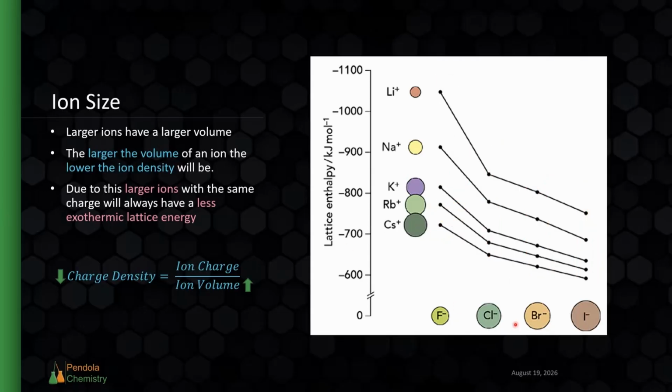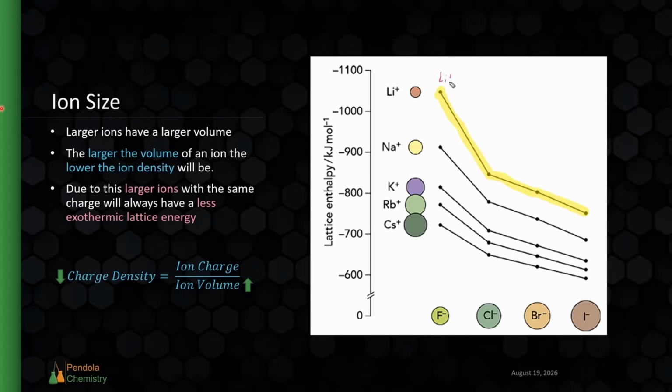The same is true for the anions. It's not only true of cations, but also of anions. If we look at this line right here, lithium with fluorine, which is the smallest of the group 17 elements, has the largest lattice energy. Then we go down to lithium with chlorine, which is slightly bigger, and the lattice energy decreases. Then lithium with bromine, and lithium with iodine, iodine being the largest of the group 17 elements.